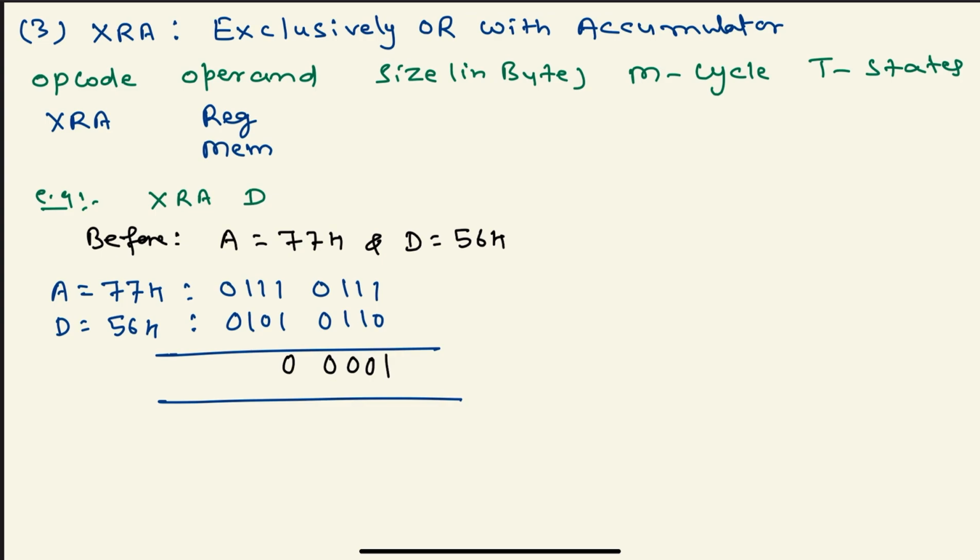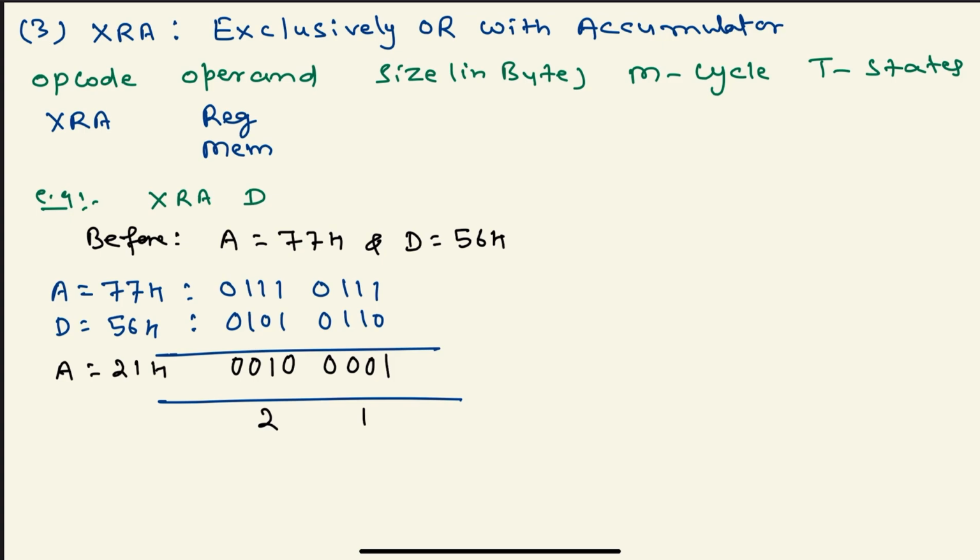From the next stage, 1 XOR 0, both are different, so their output will be 1. From the seventh stage, it is the same input, so this will be 0. From the eighth stage, which is the last stage, here also their output will be 0. So if you see the output that is coming, it is 0010, which means 2, and 0001, which means 1. So in hex, the accumulator will store this result as 21H.